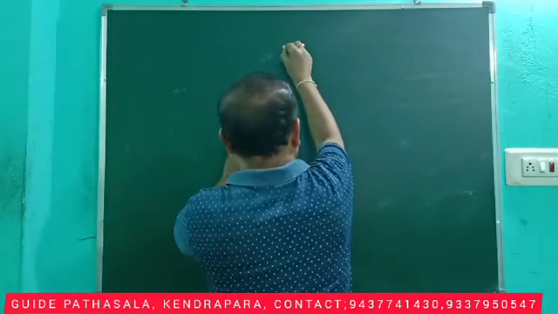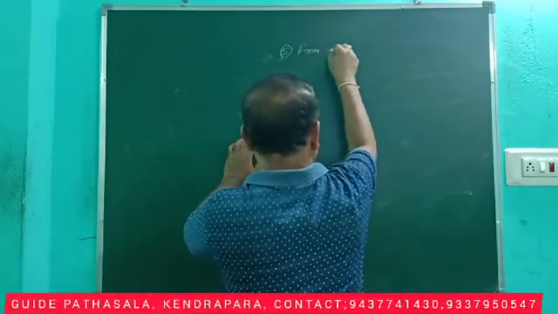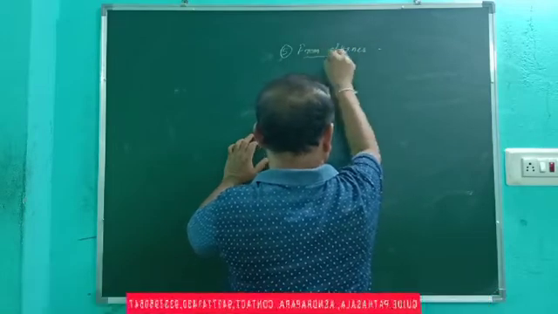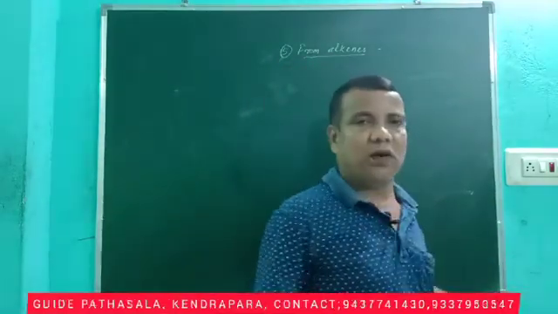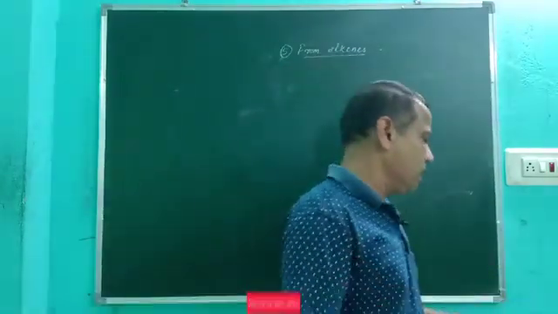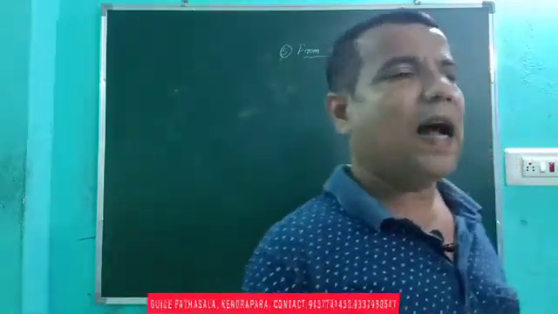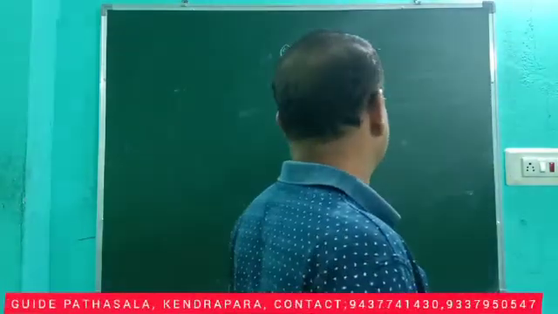Fifth, from alkene. When an alkene is hydrolyzed in the presence of sulfuric acid or phosphoric acid at 300 degrees centigrade, then an alcohol is formed.